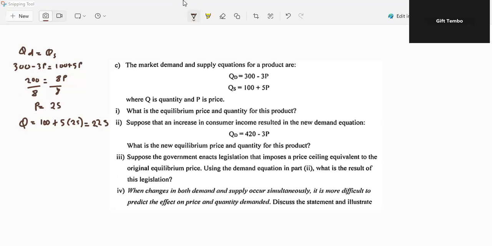Yeah, so the first one, we will put the like terms together. So it will be QD plus 3P equals 300. And then you do over. You then put an invisible 1. And so it will now be 1 QD plus 3P over, equals 300.